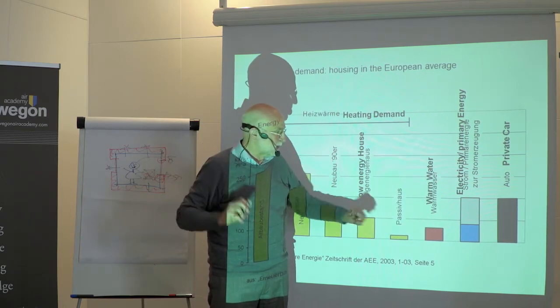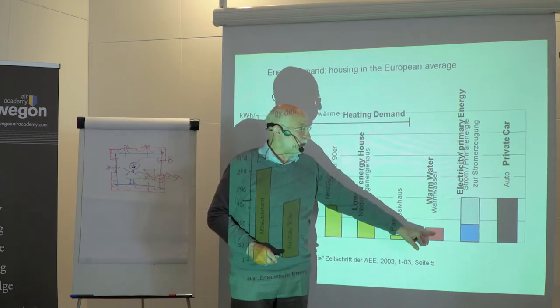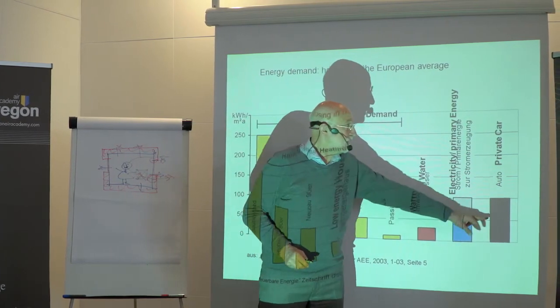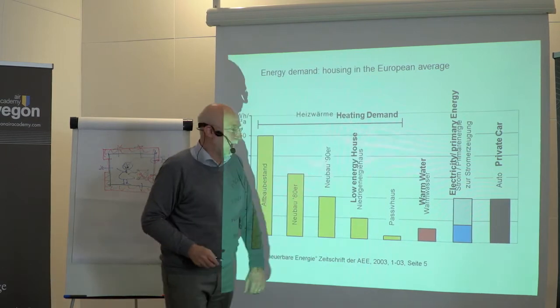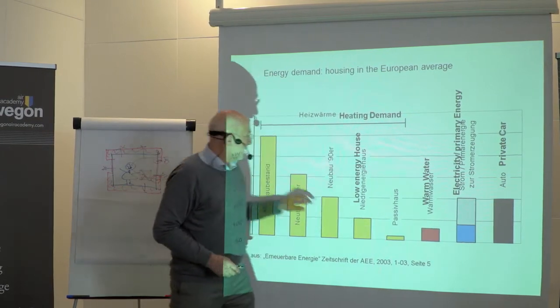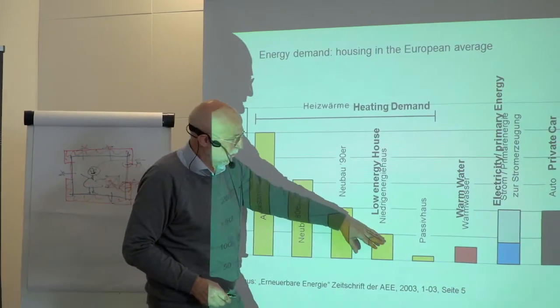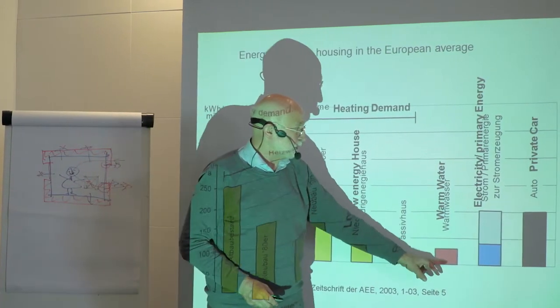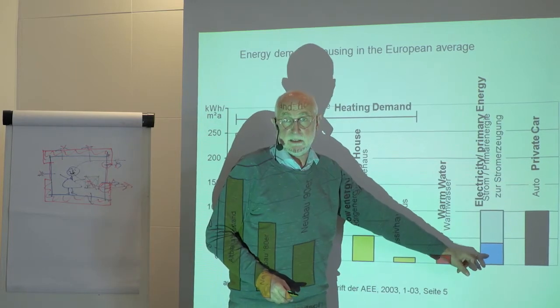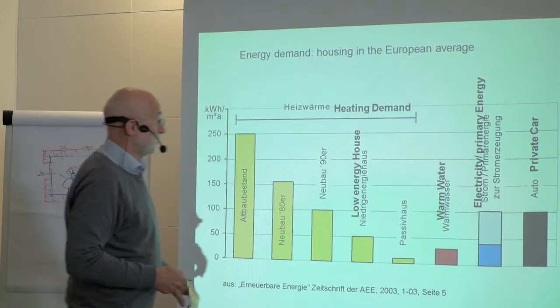But there are other things we are consuming. We need warm water, we need electricity, and we need mobility. And you see, in the beginning, heating was the biggest part. After coming down with heating demand, we have to look at warm water and at electricity. And the house has to be productive.